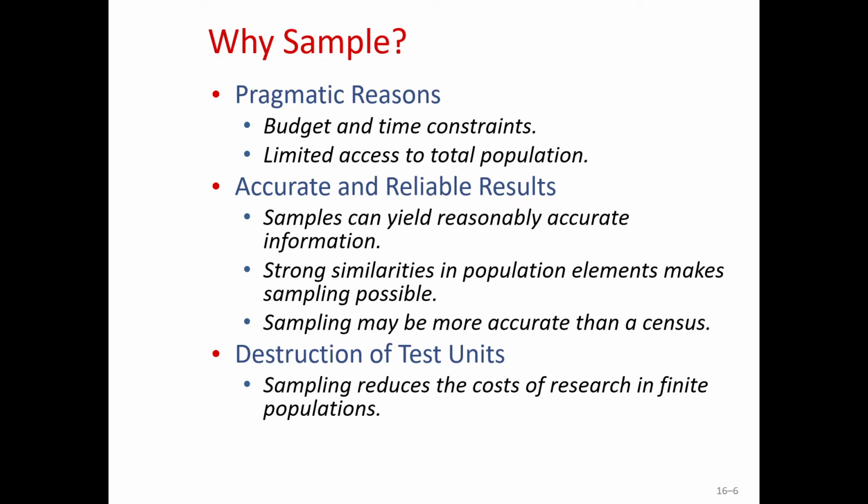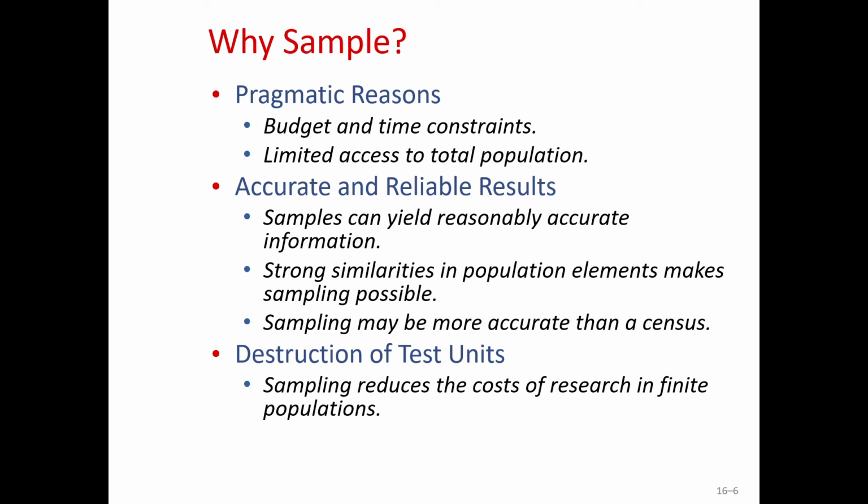It would be impossible to contact all the customers who buy a specific car brand, for example. It's limited access to the total population. So the advantage is that using a sample rather than the census cuts the cost, reduces the labor requirements, and gathers vital information very quickly.